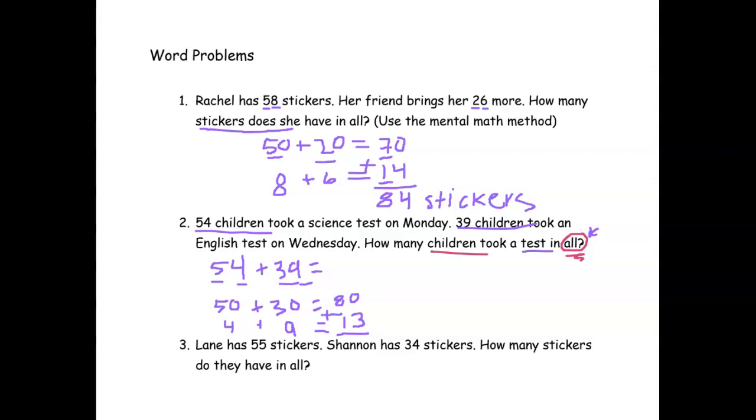Let me write this problem here. 80 plus 13. 8 in the tens place and 1 in the tens place equals 9 in the tens place, which is equal to 90, and 0 in the ones place and 3 in the ones place just equals 3. So now we know that a total of 93 children took the test.